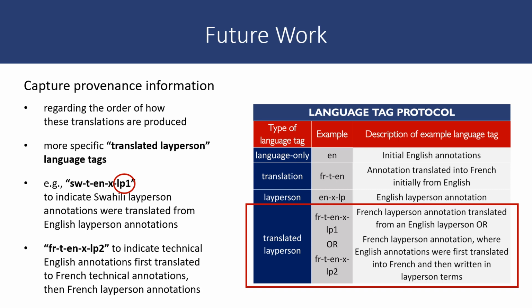And for the French translation, we could use the other tag shown there to indicate that the technical English annotations were first translated to French technical annotations, which were then used to write French layperson annotations. And the LP2 private use tag thus indicates that the source was the technical version of the initial language.